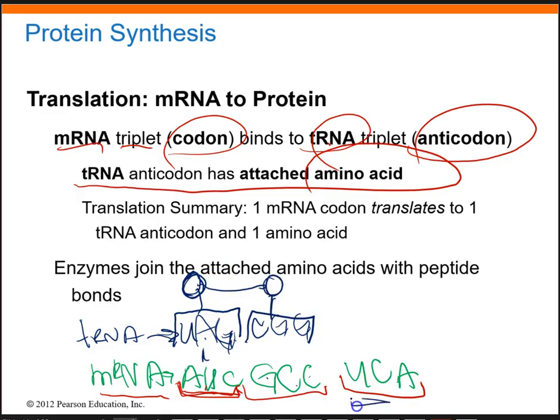And then you have the next codon down here, UCA. So U goes with A, C goes with G, A goes with U, right? This anticodon has another amino acid. Then those are going to get attached.